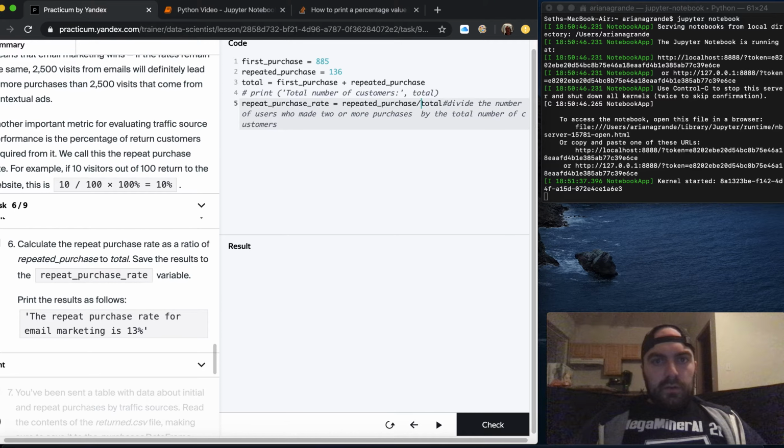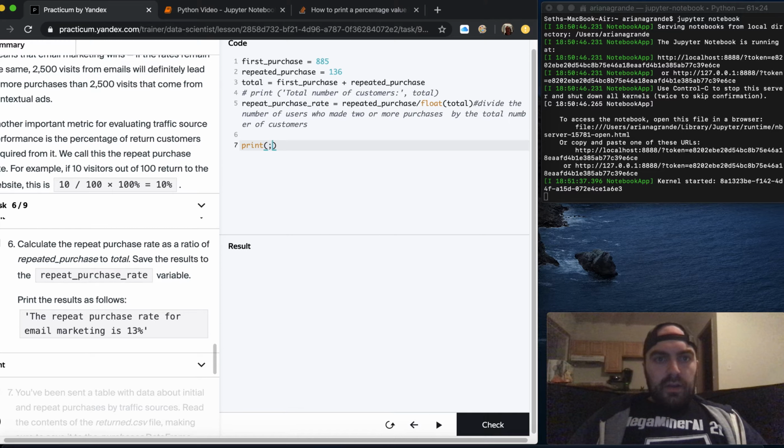And we want to cast that to a float again. And then we want to print it just like we did in the first example, as the repeat purchase rate for email marketing is squiggly bracket, what do we do?